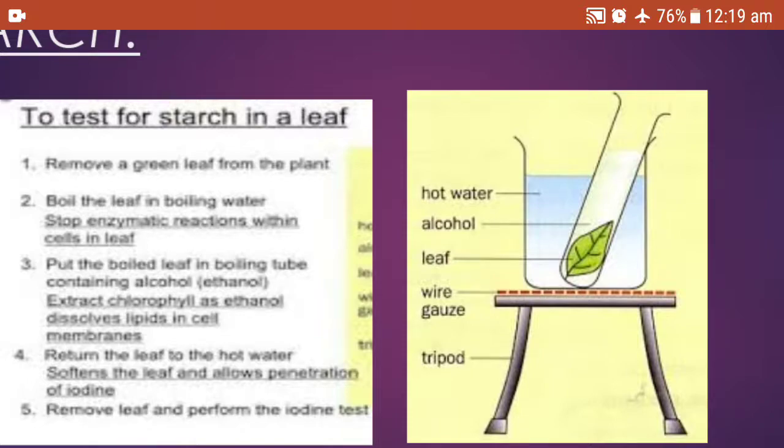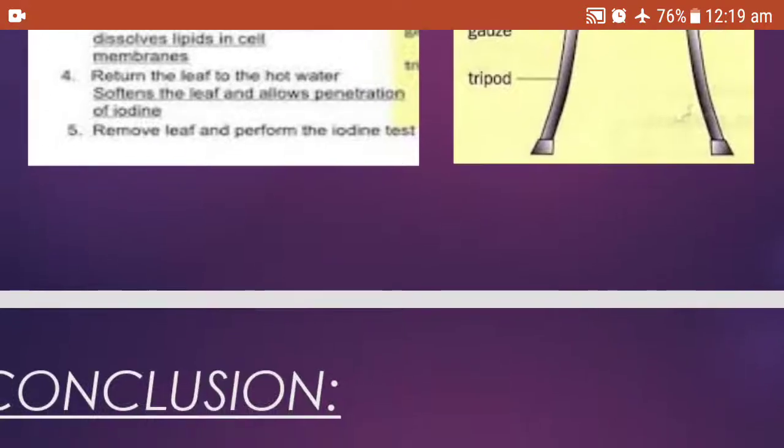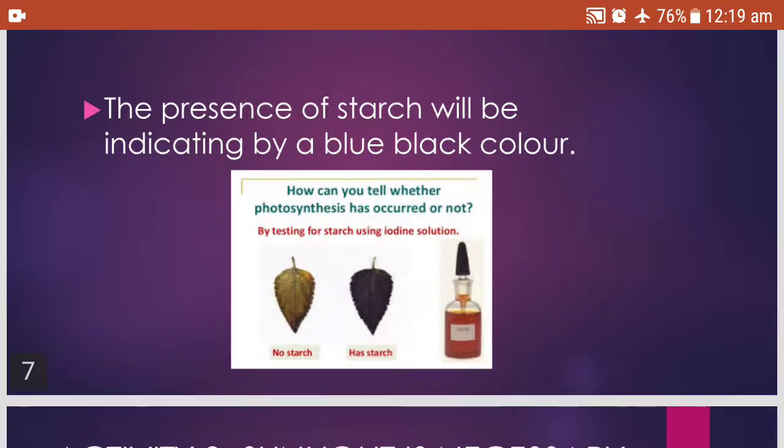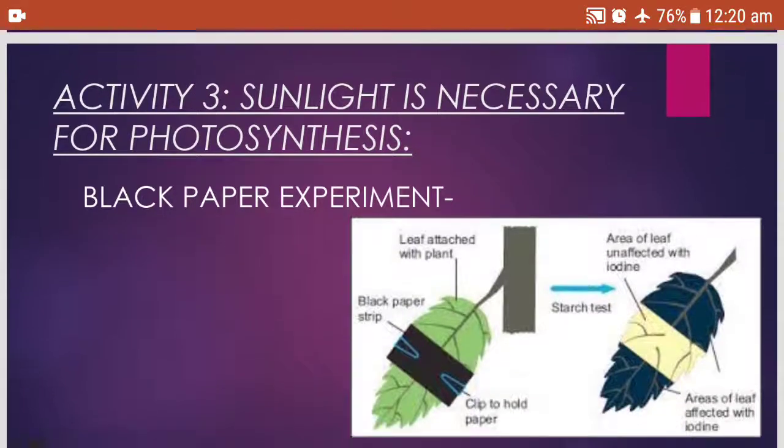Then remove the leaf from the hot water and the test tube and do the iodine test. You know how do we do the iodine test? Yes. We take a petri dish, we place the leaf in it and we pour a drop of iodine solution. The leaf will turn bluish black, showing the presence of starch. This is the test for starch.